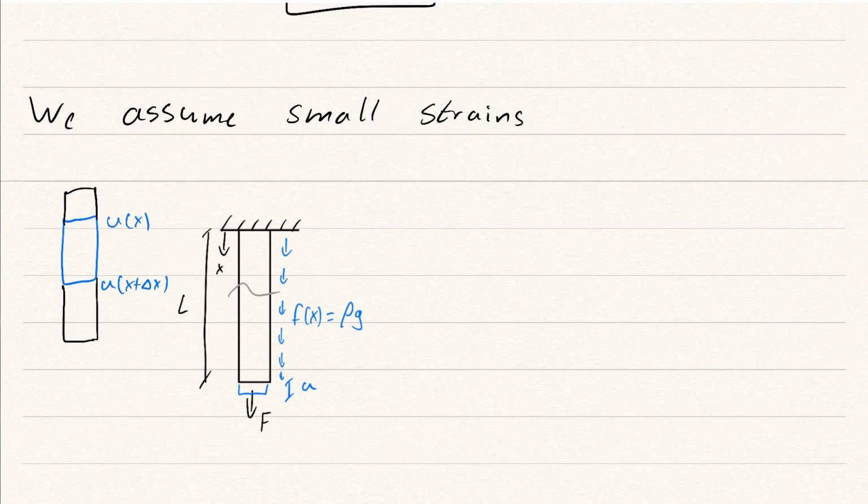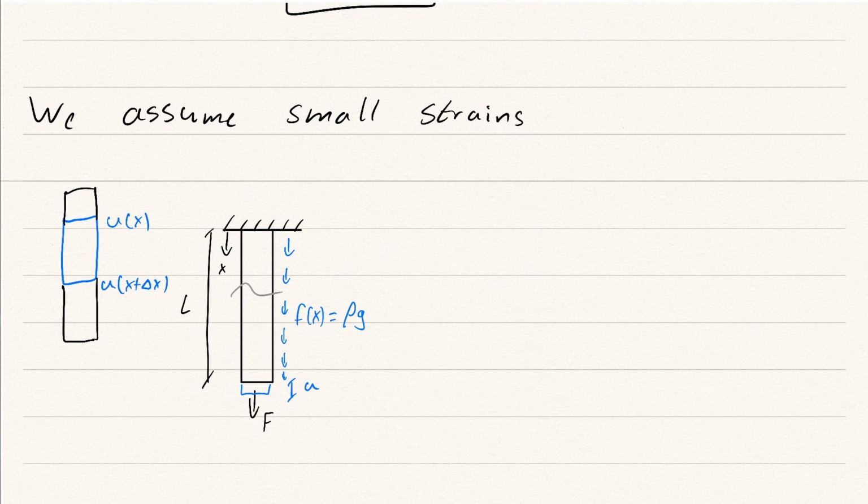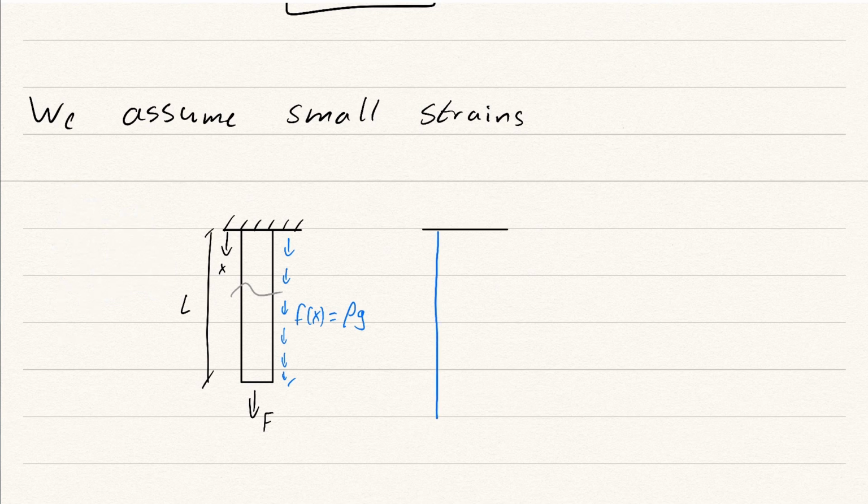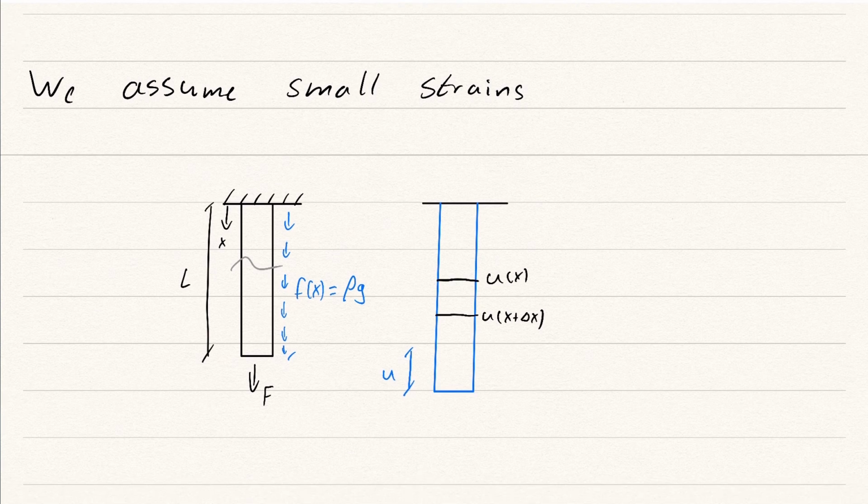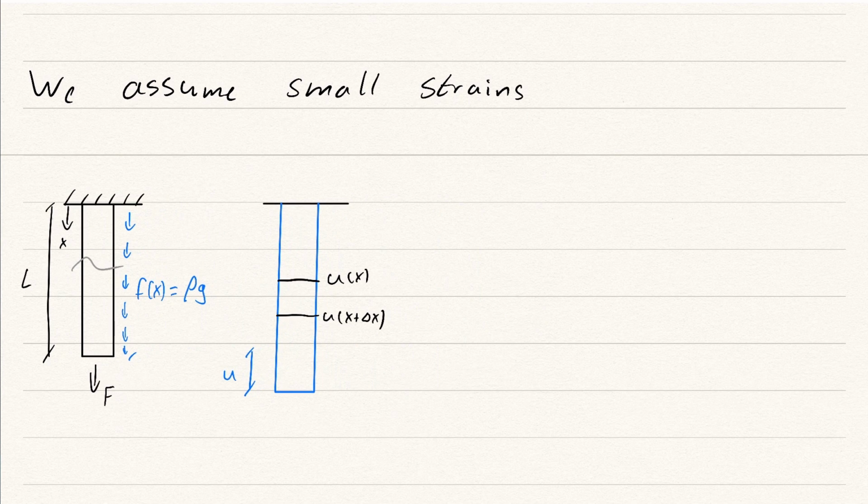Alright, so this is the original undeformed one, and then right next to it we will draw the deformed one. So this one is now deformed, and the total deformation is u. But somewhere inside, for instance here, we have a deformation u of x, and then here we have u of x plus delta x, like so. I'm gonna move this to the left and get rid of this stuff because we're just looking at the geometry.